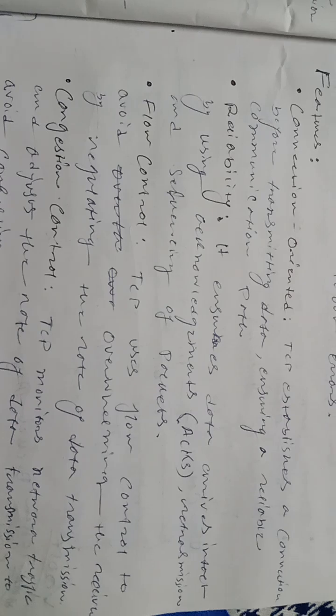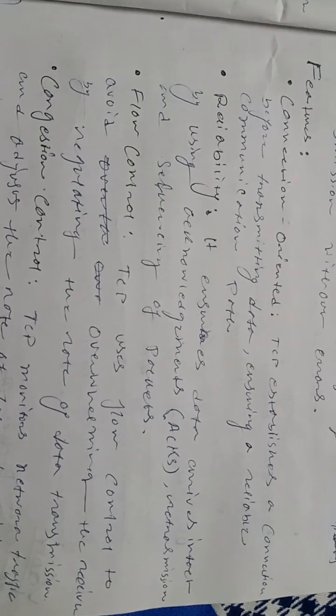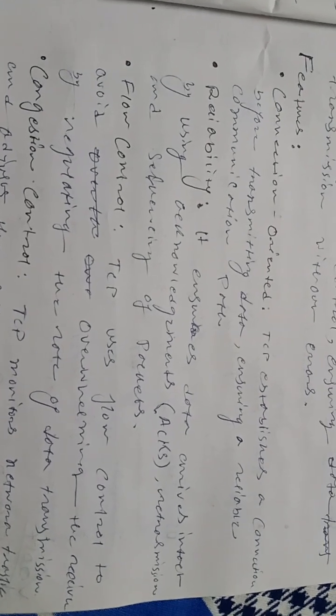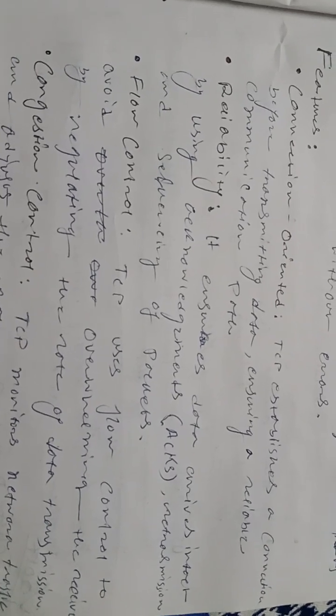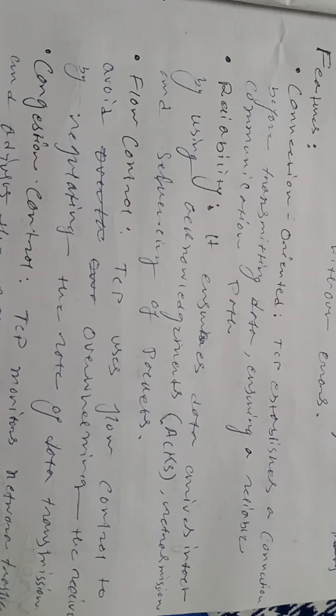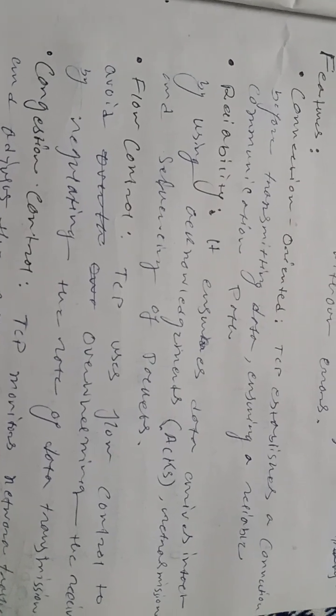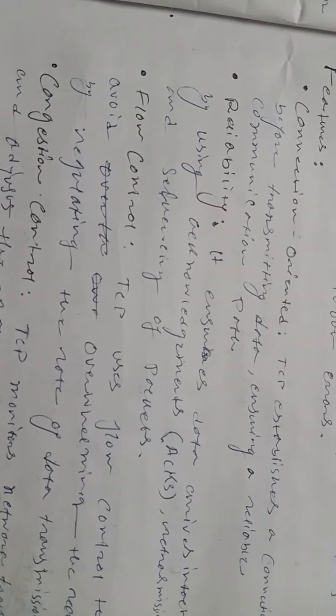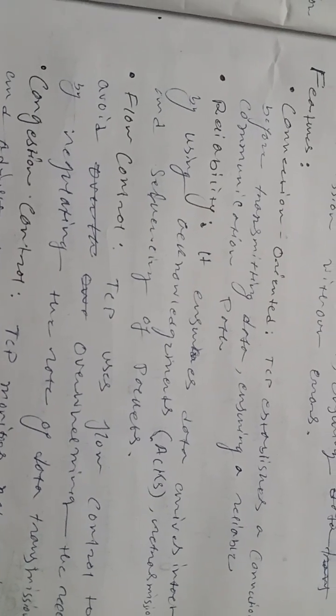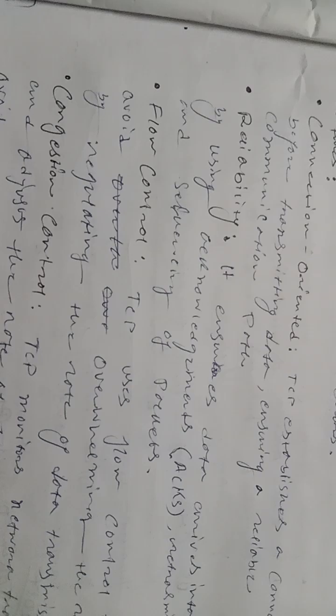TCP uses flow control to avoid overwhelming the receiver by regulating the rate of data transmission. Then congestion control. TCP monitors network traffic and adjusts the rate of the data transmission to avoid congesting the network.